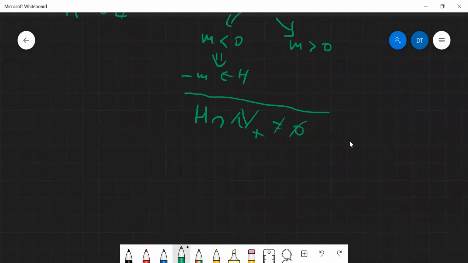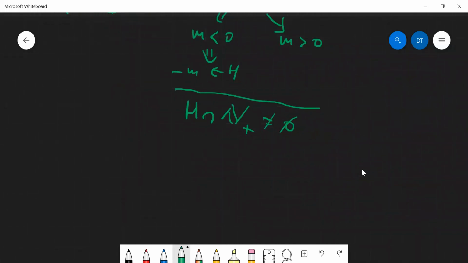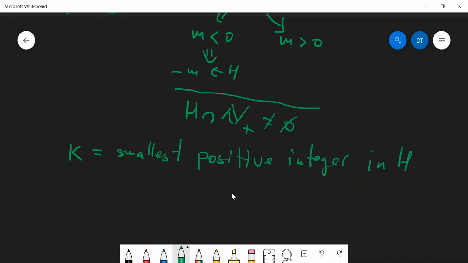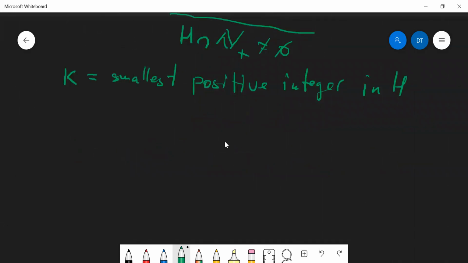Now, since it contains a positive integer, we may consider the least possible positive integer inside H. Let K be the smallest positive integer in H. And our goal is to show that in this case, H must be K times Z.